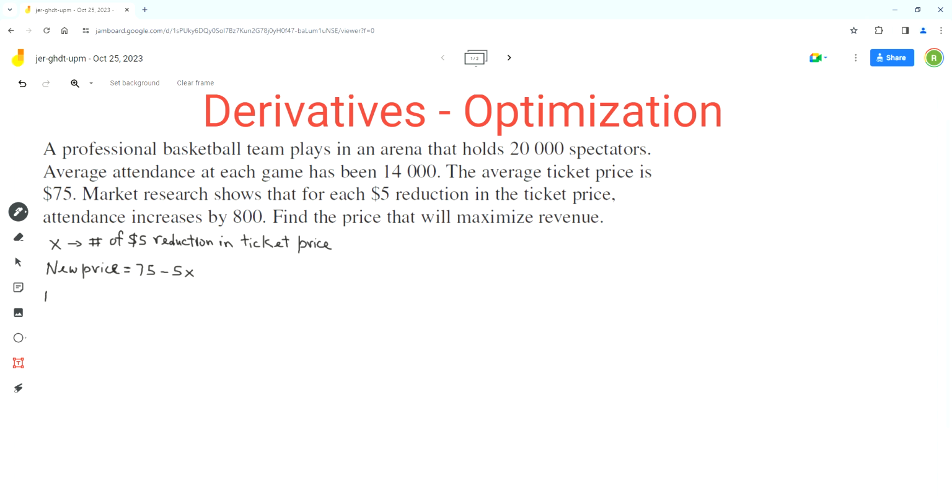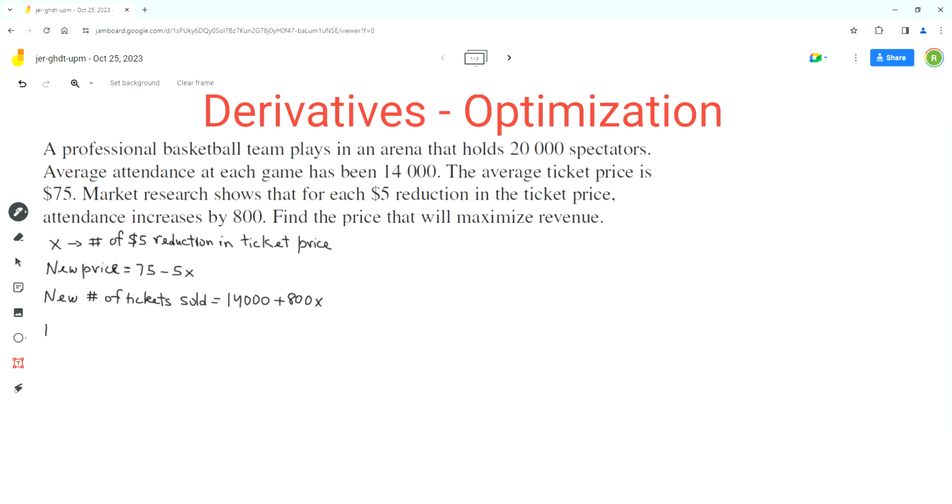And now the new attendance, or new number of tickets sold, is equal to 14,000, which is the average attendance, plus 800x, because the attendance increases by 800 for every $5 reduction.